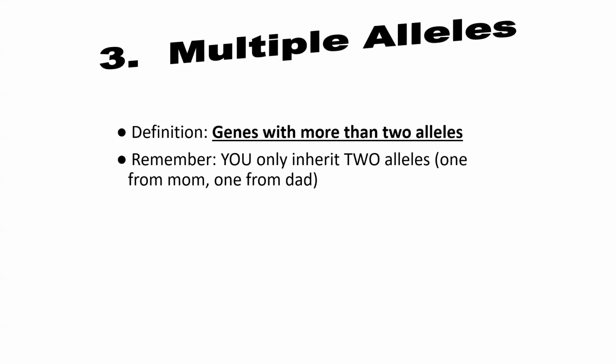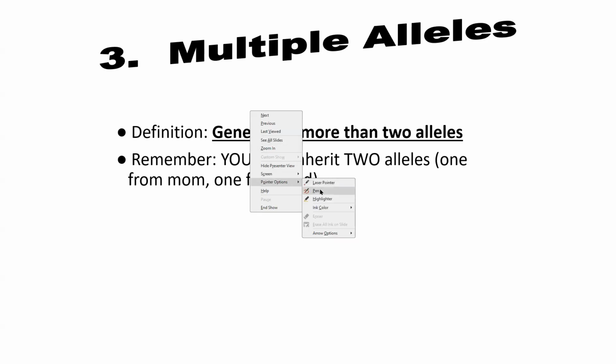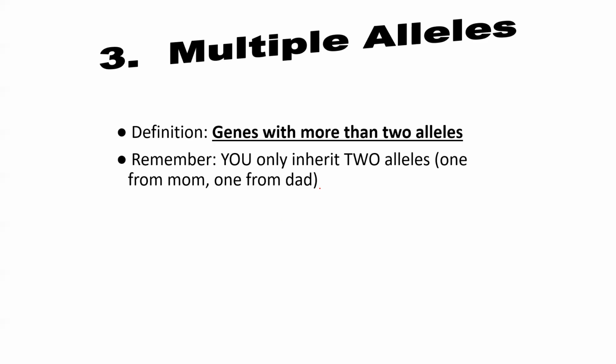Now, in multiple alleles, the idea here is pretty simple. When you're doing Mendelian genetics, each gene had only 2 forms, okay? You had a dominant form and you had a recessive form. In multiple alleles, you have more than two forms.